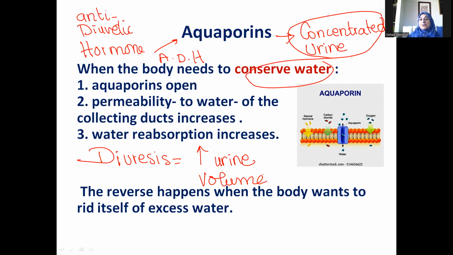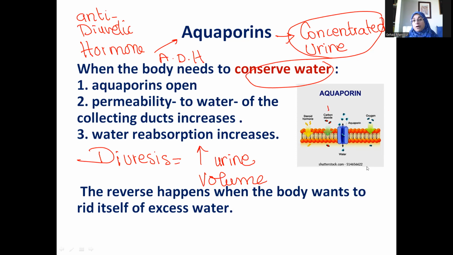When do you increase urine formation? When you have plenty of water inside the body and you want to get rid of it. But antidiuretic hormone prevents diuresis, prevents increased urine formation. And that makes sense because the antidiuretic hormone promotes aquaporins to open and promotes reabsorption of water.